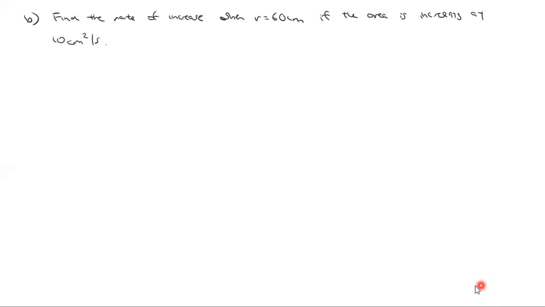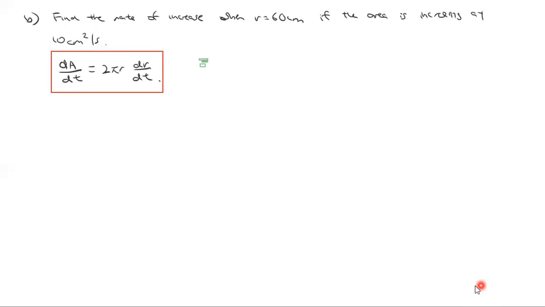So this is now our condition. We already have dA/dt equals 2 pi r dr/dt. Given that, what do we do now? What is it really saying? Translate the question into maths for me.